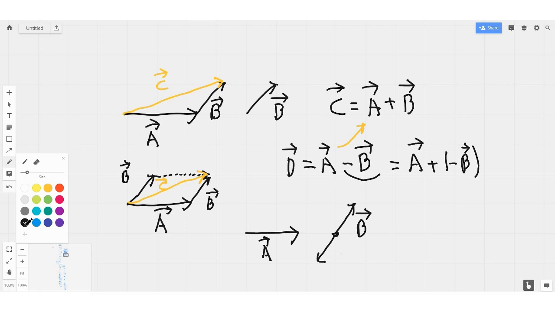So you change the direction, this will be minus B. And now you can treat it simply as an addition, as we did here or here. Yeah? So it's the same. So what can we do?